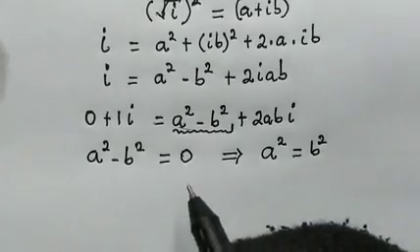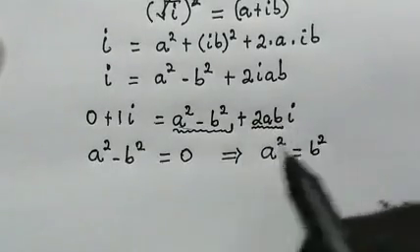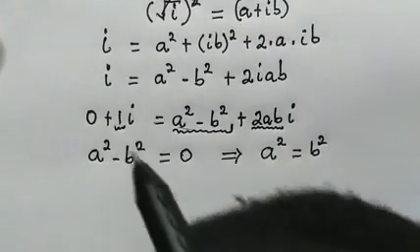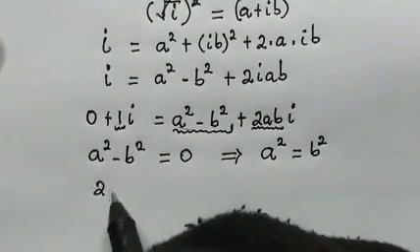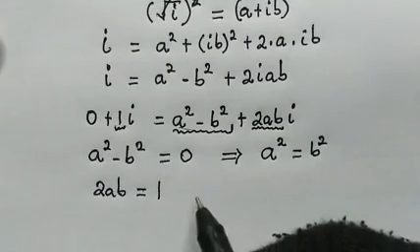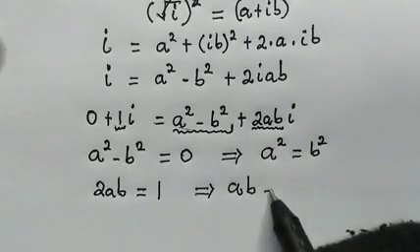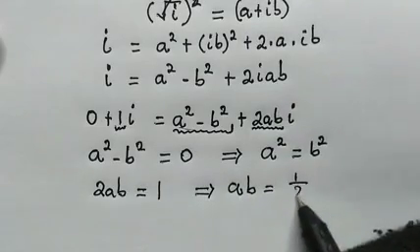Amazing. Then the imaginary part, we're going to equate them, so here we get 2ab is equal to 1. Then when you divide both sides by 2, we get that ab is equal to 1 divided by 2.